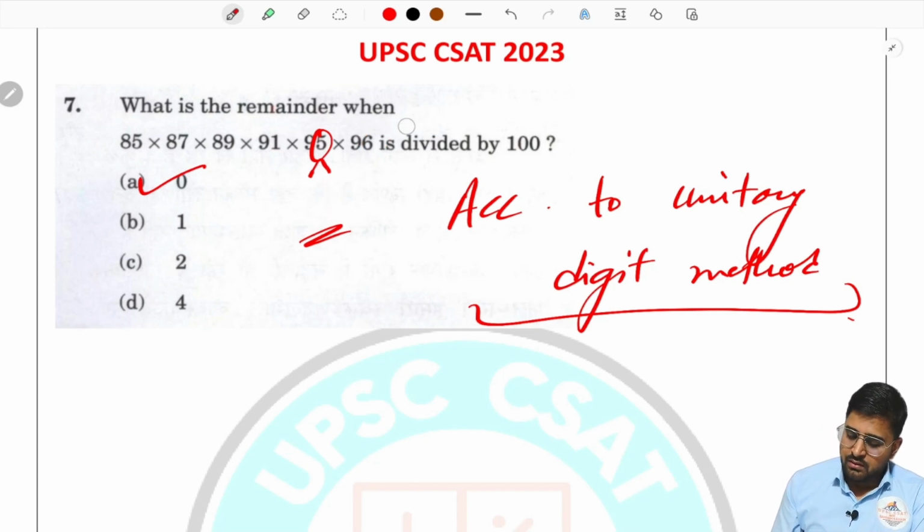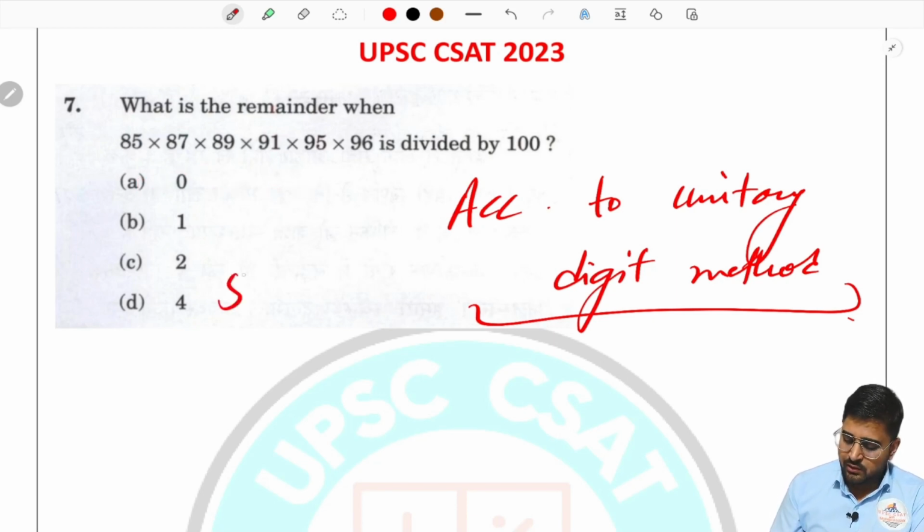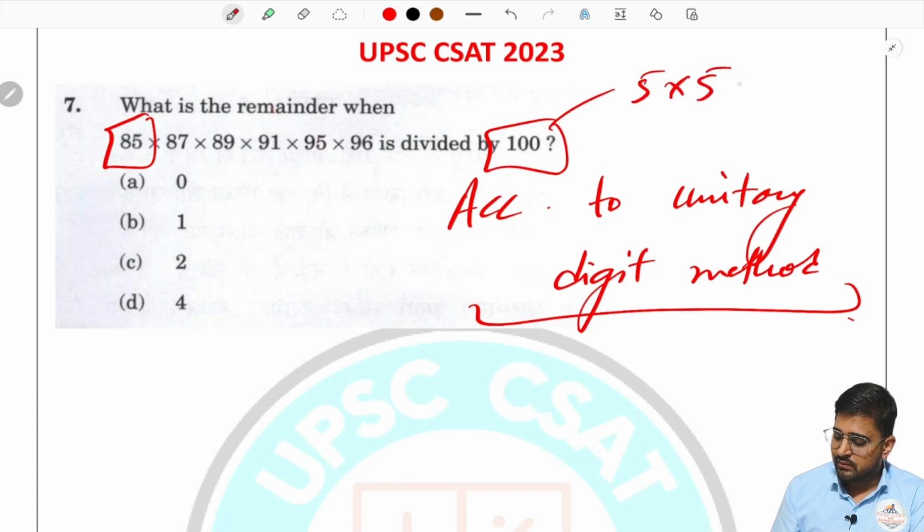But if he said that the remainder should be in 2 digits or 3 digits, then what will we do? Then we will try to make them in 5's format, for example, this is 5. Then we will break them into 5's and then divide by, for example, this 25, 4, and further break 2 into 2, 100.